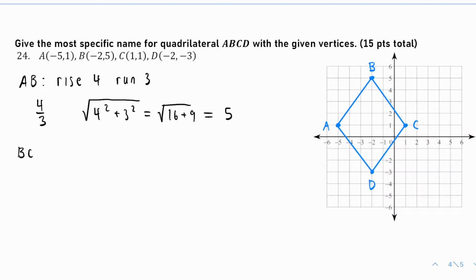Now let's look at BC. So here, my rise is actually going down. 1, 2, 3, 4. So my rise is negative 4. And then my run, 1, 2, 3. So my slope is negative 4 over 3.